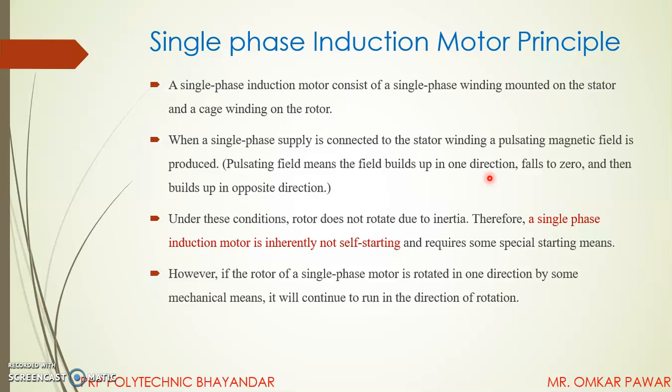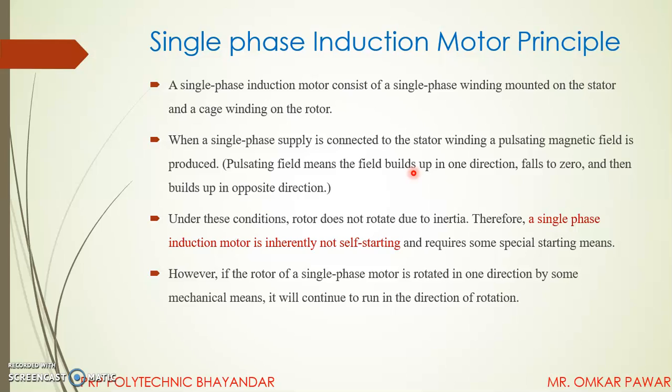Because if you see the waveform of single phase AC supply, it starts increasing, reaches zero, changes its direction and increases in the opposite direction and again zero. That's why alternating current is alternating, it changes its direction.